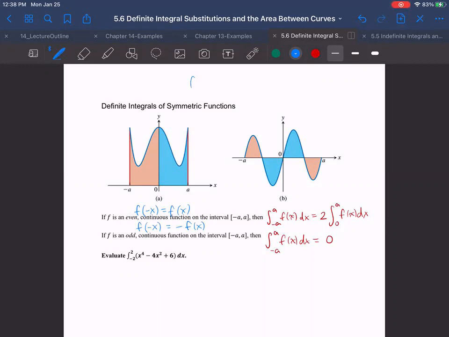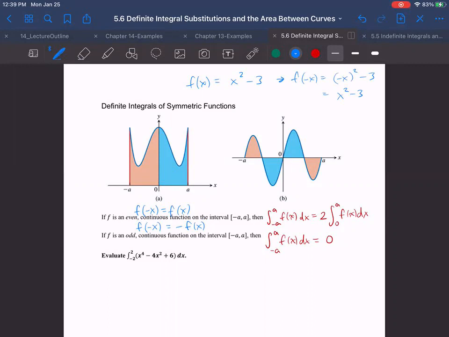So if you have f of x equals x squared minus 3, and you try f of negative x, you get negative x squared minus 3. Negative x times negative x is x squared. So this is x squared minus 3. What do you know? That's an even one, right?